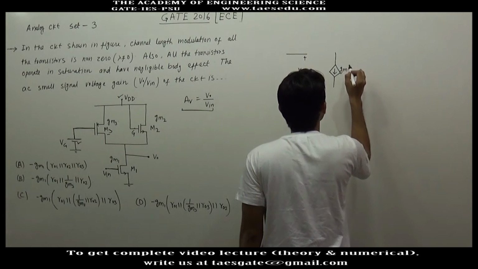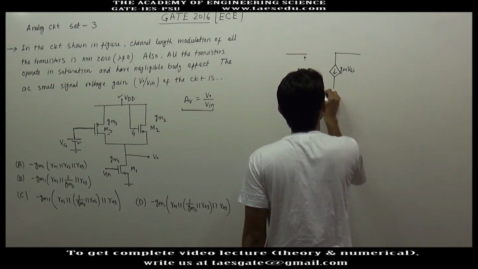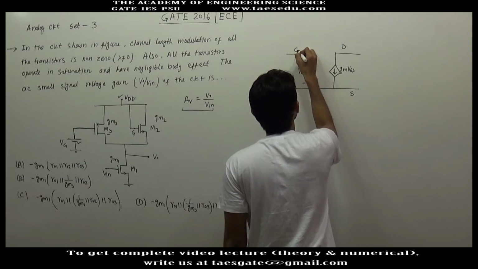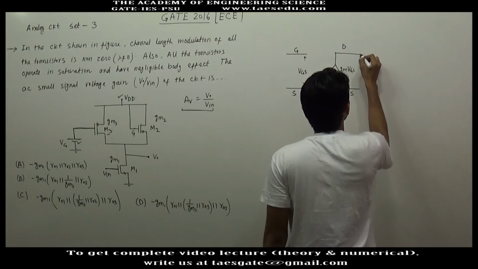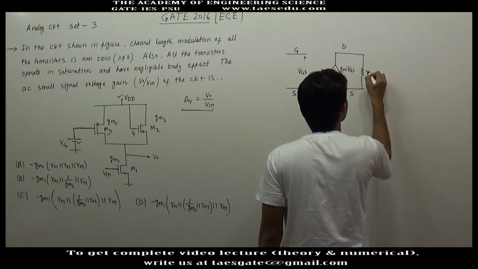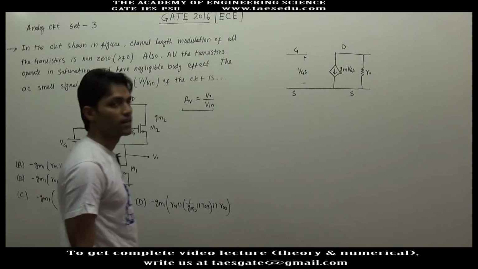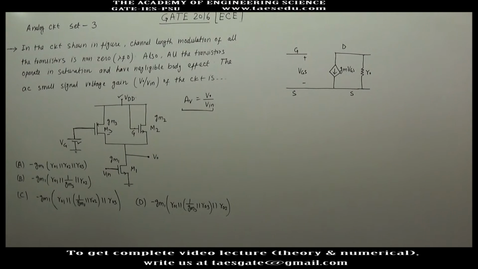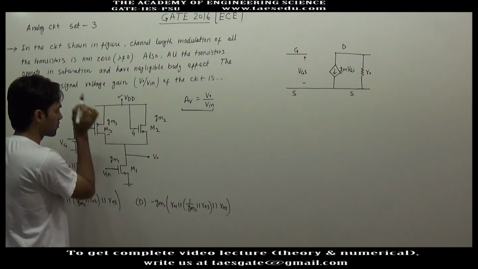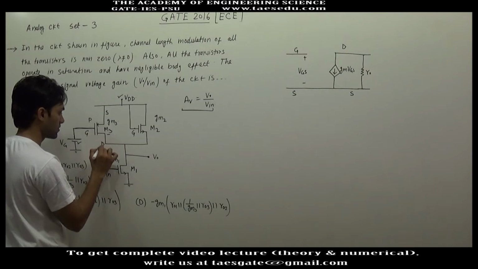This is GM, transconductance into VGS. This is drain, this is source, this is gate, this is source, and parallel to the current source we have an output impedance of this transistor, delta VDS divided by delta IDS. This is AC model of a transistor. Since this is a PMOS, for PMOS this will be the source, this is gate, and this is drain.